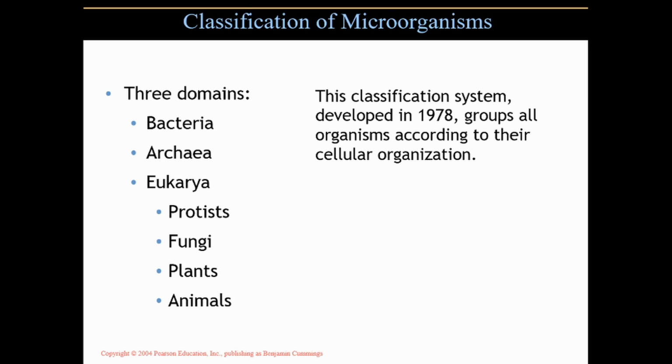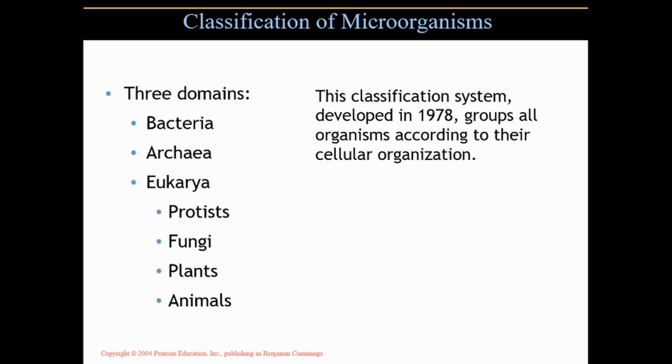Well, in 1978, another kind of broader classification system was developed, and what it looks like is what you see on the left there. Three domains: bacteria, archaea, and then eukarya. So you have all the bacterial species, you have all the archaeal species, and then you have all the eukaryotes: protists, fungi, plants, and animals.